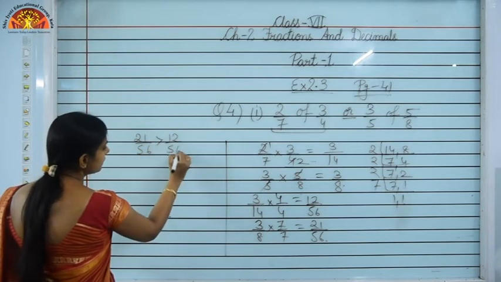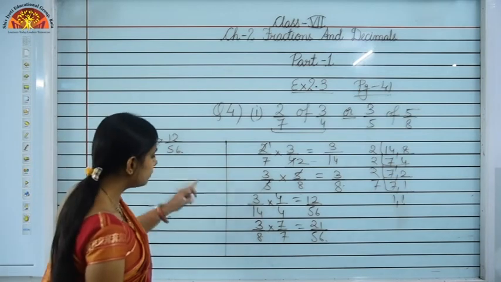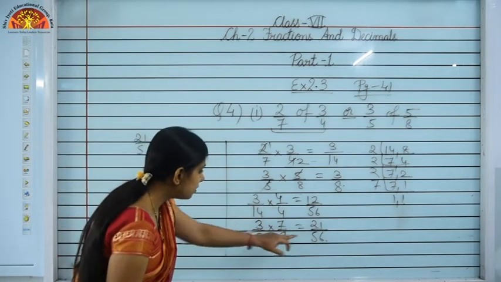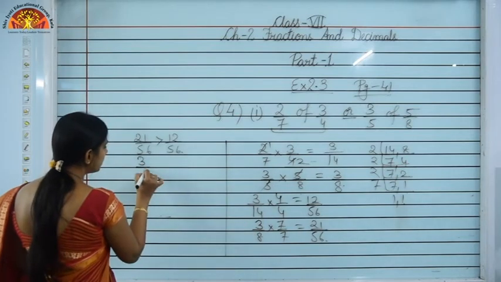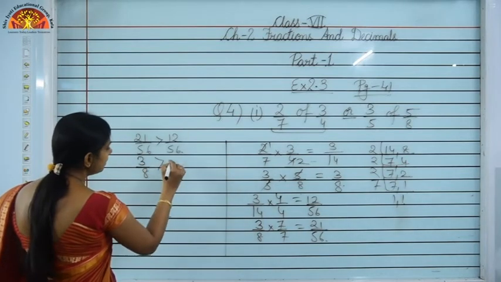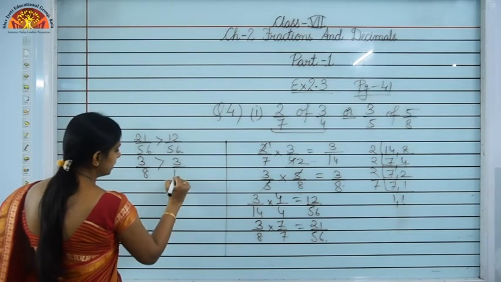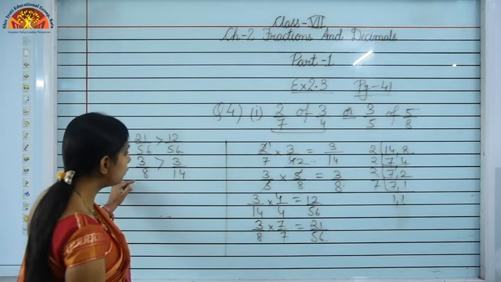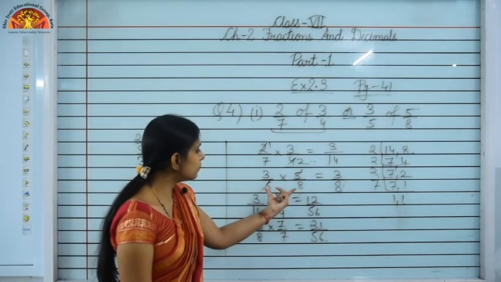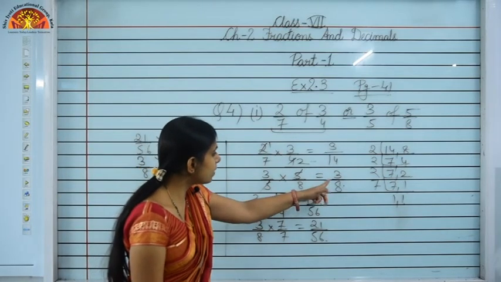That means 21 upon 56, which is the corresponding fraction over here? That is 3 upon 8 is greater than 3 upon 14. Okay, that is 3 upon 8 is greater than 3 upon 14. And what was the fraction given over here? That means 3 upon 8 was for which one?